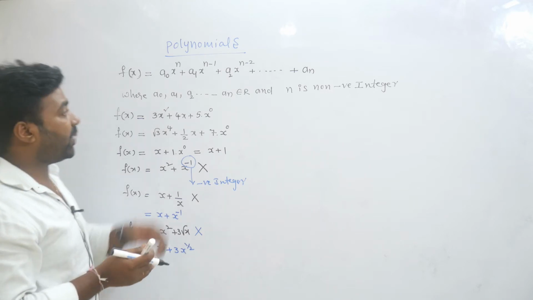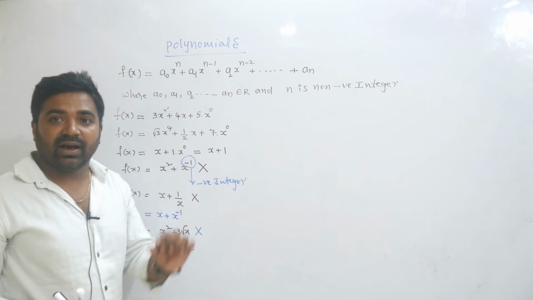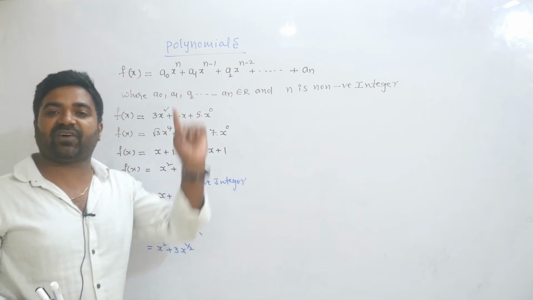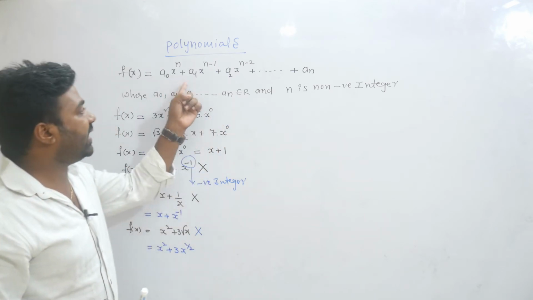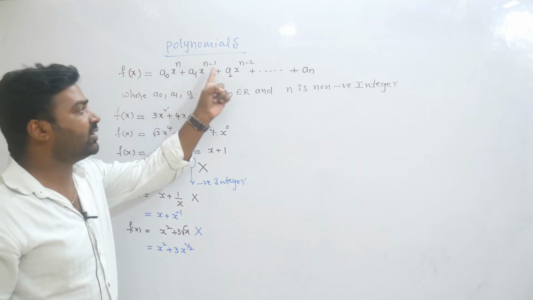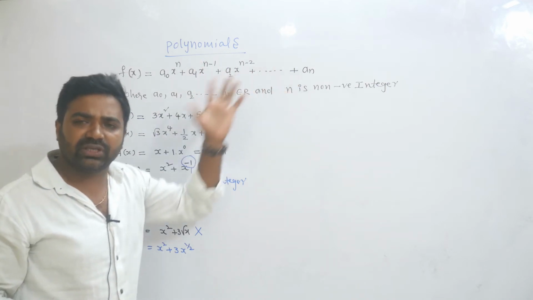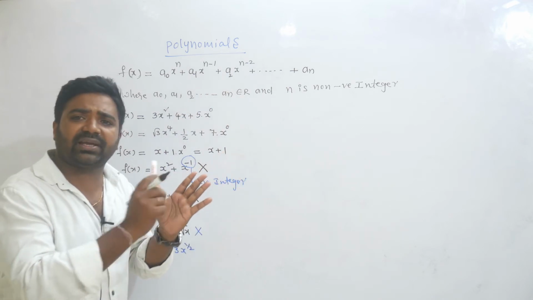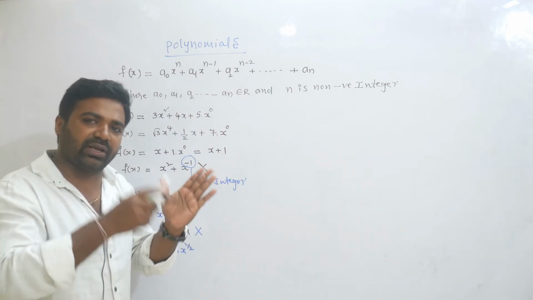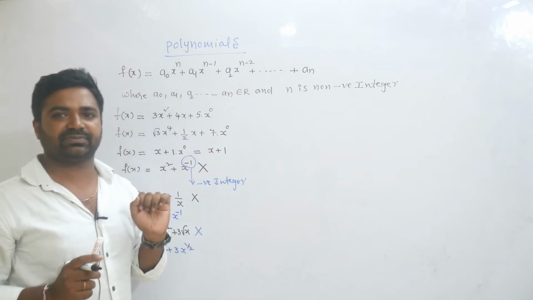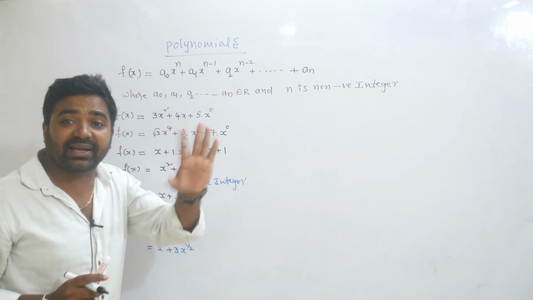Okay? So what is the polynomial definition? An algebraic expression in the form of a naught x power n plus a1 x power n minus 1 plus a2 x power n minus 2 plus up to so on an, where a naught, a1, a2, a3 up to so on an belong to real numbers, and n is a non-negative integer.